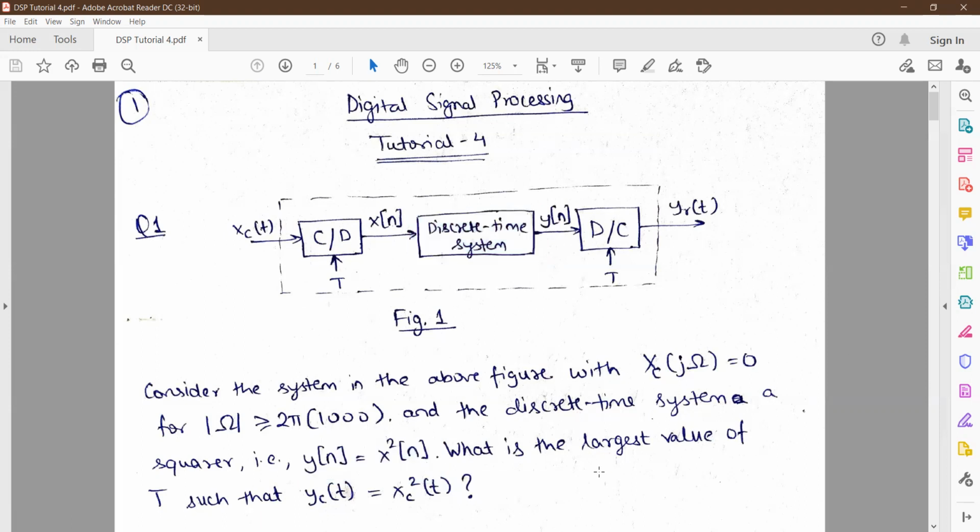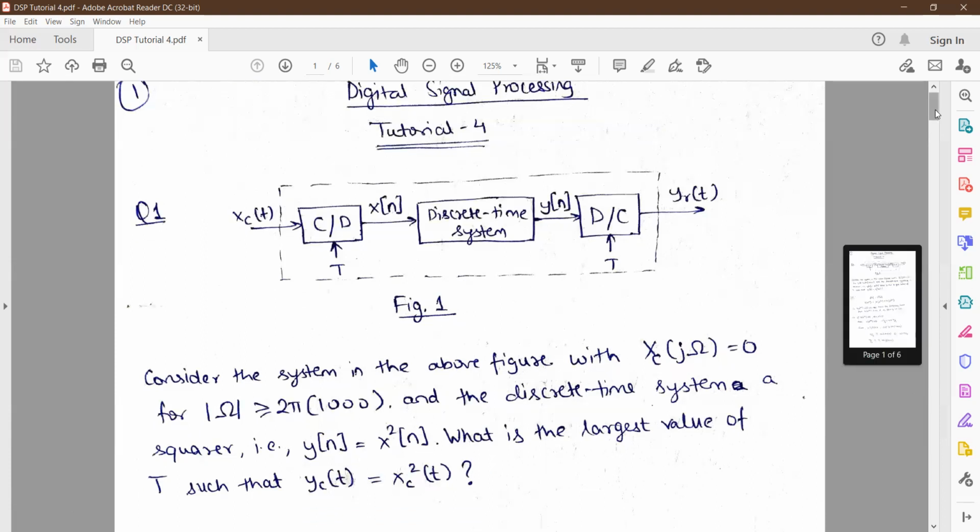We are asked what is the largest value of T such that the output signal is the input signal xc squared of t. So what is the largest value of T so that this overall system performs this operation?